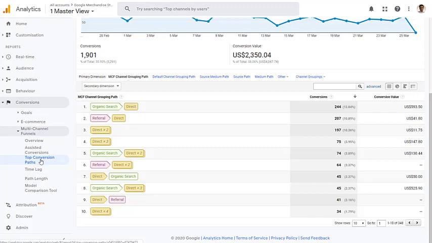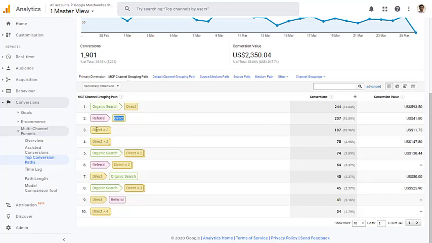This is only a channel path. 244 conversions gave me a revenue of 593. The user first came via organic, then came via direct, and then got converted. Such 244 conversions.